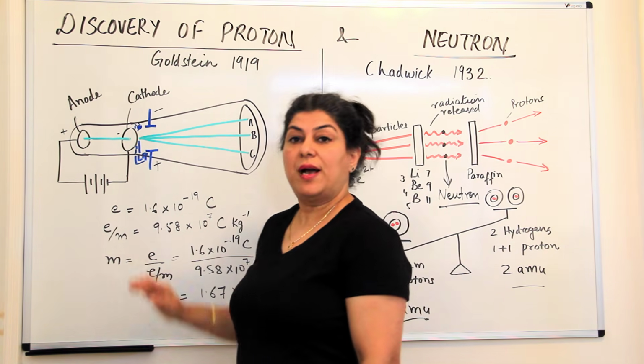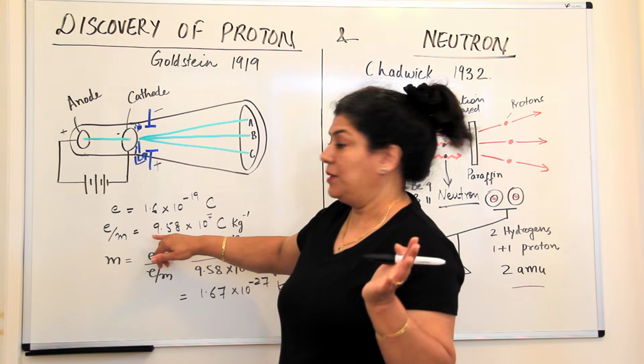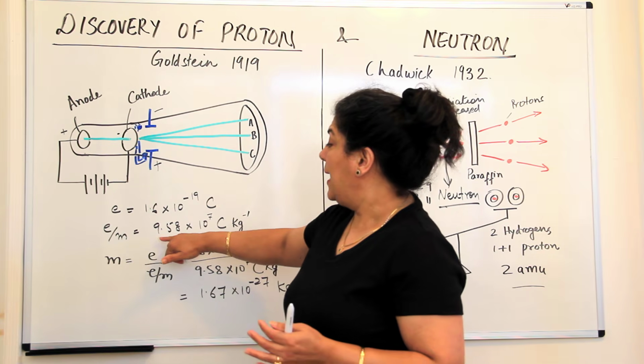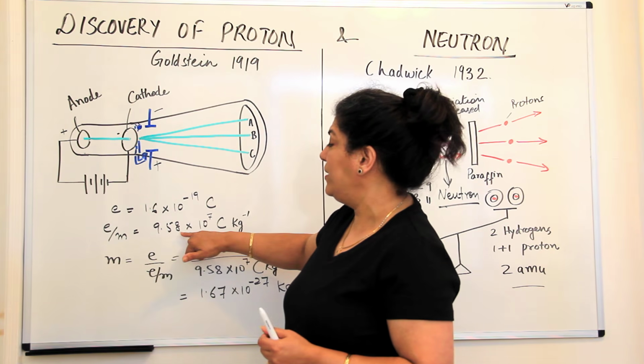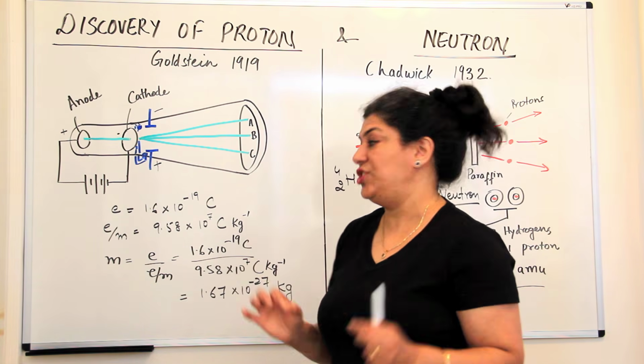The charge over mass ratio was also calculated by the same method as adopted earlier in the Millikan's oil drop, by J.J. Thomson. And this was found to be 9.58 x 10^7 coulombs per kg.